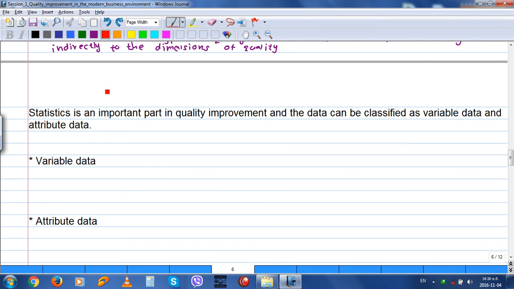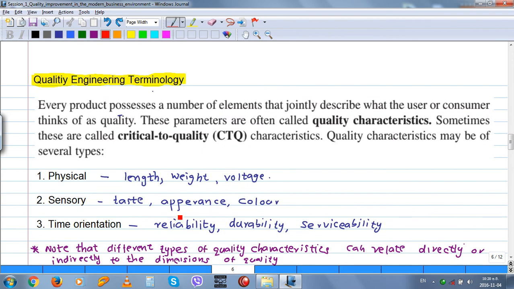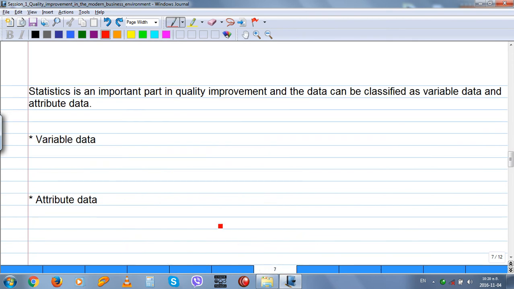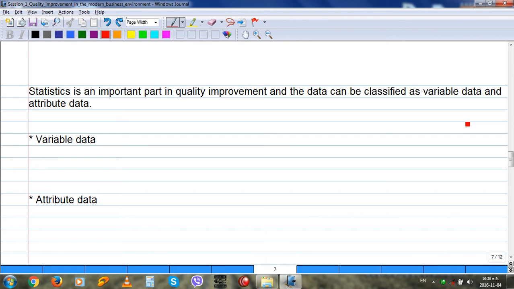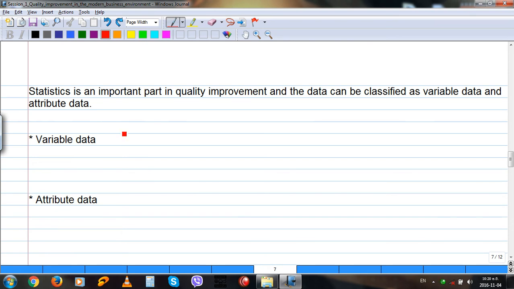So the data can be classified into two groups: one is variable data, the other is attribute data. Based on these two types of data, we are going to do the calculation using control charts for variables and attributes.